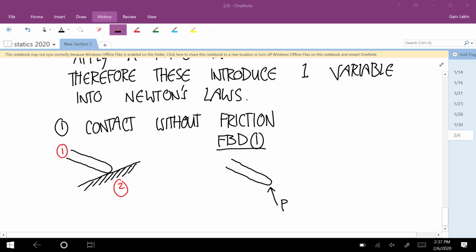I'll call that R. And if you were doing a free body diagram of body 2, so it's just like a chunk of the ground there, it would be equal and opposite. Same magnitude, but opposite direction.